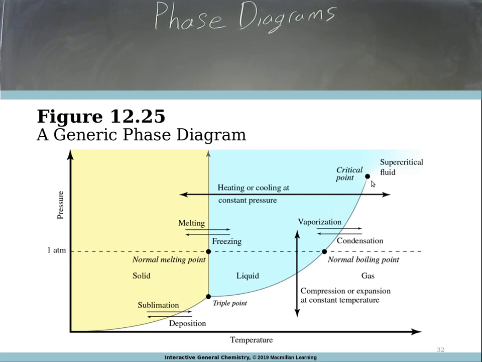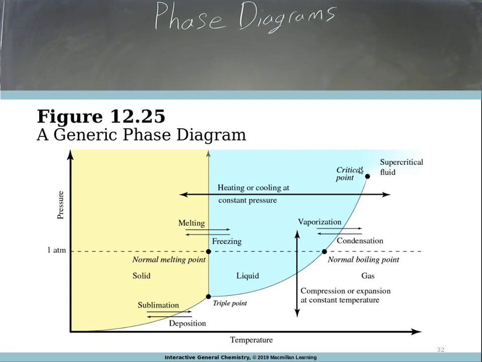There's also a point up here in the upper right called the critical point. And the critical point is a little bit harder to explain or understand the reasons why it exists. But what it really amounts to is that above there we do not observe a phase transition between liquid and gas.